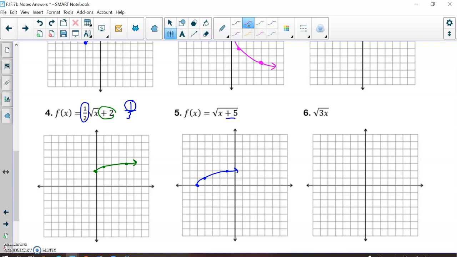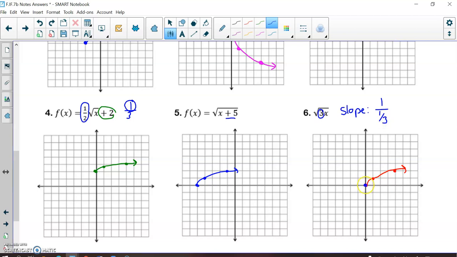And then lastly, so this one's going to be a little tough because now we have a b value, but it's not too bad. So this is my parent function. How I do a horizontal, this would be a horizontal compression, is my slope now, remember, is 1 over the reciprocal of b, so 1 over 1/3.